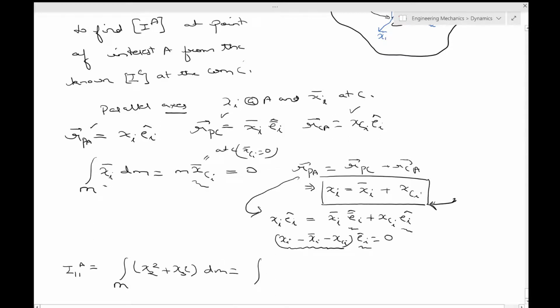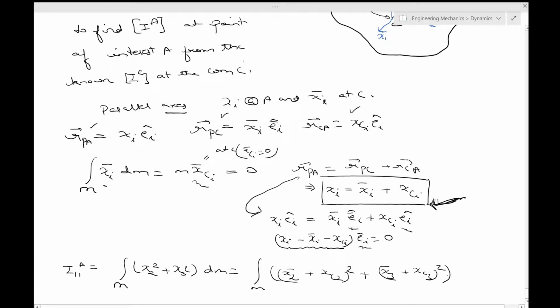Now x2 square we want to take from here, so x2 would be x2 bar plus xc2, whole square, plus x3 square, which would be x3 bar plus xc3, whole square, into dm.